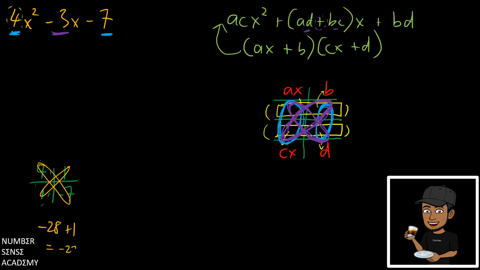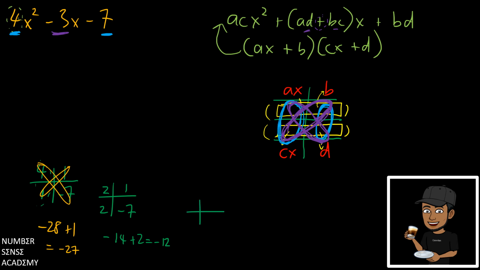That doesn't work. So this is why this method is messy, because you could be trying for a long time and you just have to keep guessing. What if I get discouraged and say, okay, let's try 2, 2, 1, -7. So now I have 2 times -7, which is -14, plus 2, which is -12. That's not going to work.